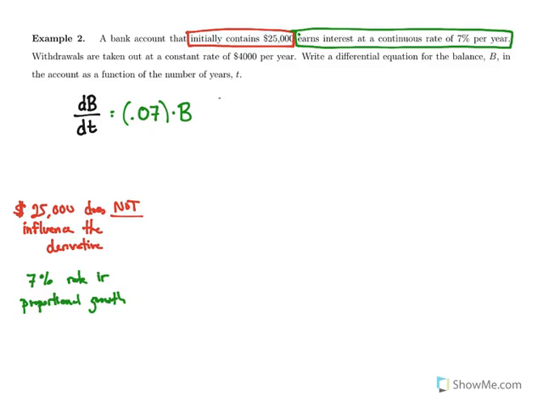And then we also have a third piece of the puzzle, and that is this withdrawals taken out $4,000 per year. So each year, no matter what, we're going to decrease the amount by 4,000. It doesn't depend on how much money is in the account at any time. That's just going to be a minus 4,000 each time.